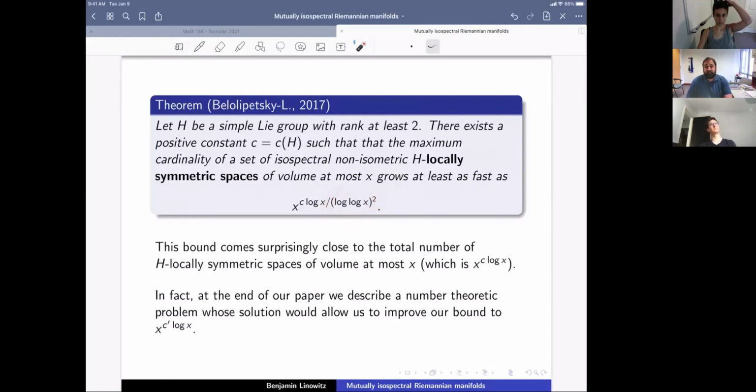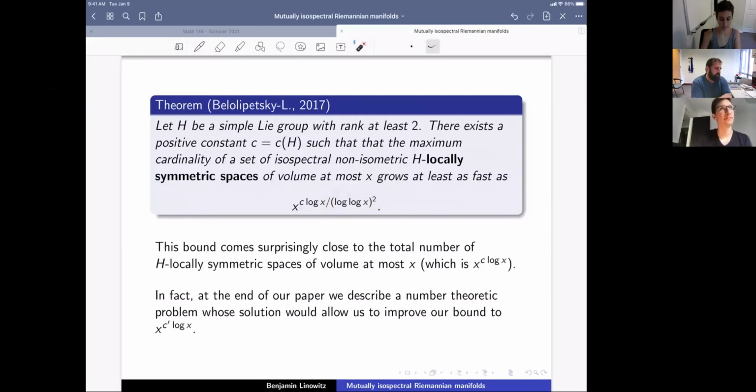In fact, at the end of our paper, we give a number theory problem involving class field towers. And we're able to show that a positive resolution to this number theory problem would allow us to get rid of that log log X factor.